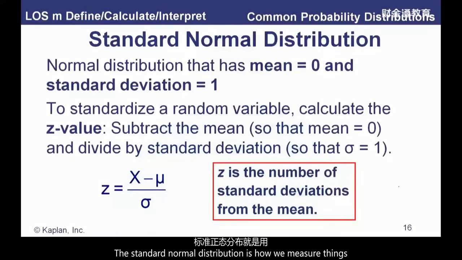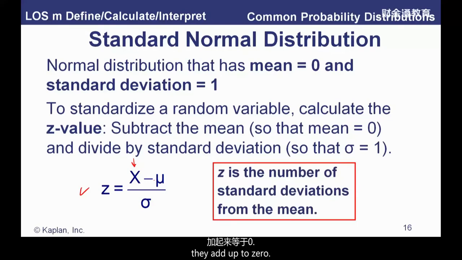Now the standard normal distribution is how we measure things in standard deviations. We've got what we call a z statistic down here, and we center it on 0. So we take the observation here and subtract off the mean, and so the differences from the mean add up to 0.